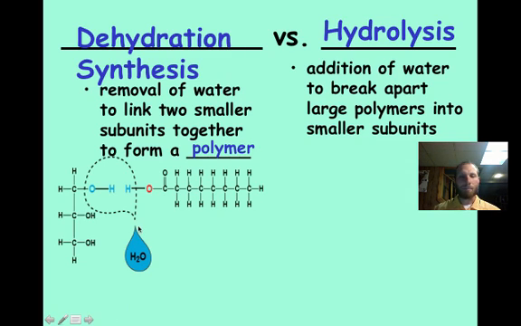This diagram shows dehydration synthesis. Here we see a monomer molecule and another monomer molecule. If we remove this oxygen atom and these two hydrogen atoms, which makes H2O, water, we can then form a bond between this carbon atom and this oxygen atom, linking those two molecules together, thus making a polymer.